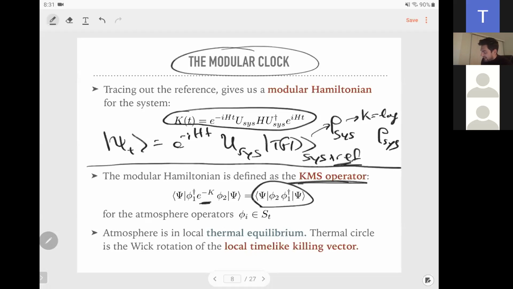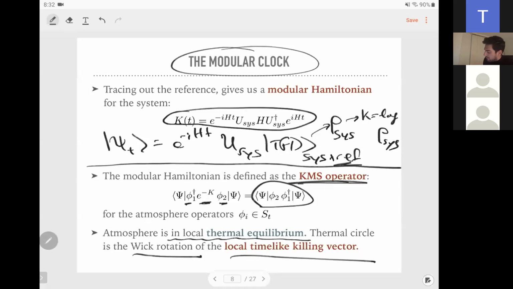And the point is that if I go very close to the black hole, if these phi's are in the atmosphere of my black hole, very near the horizon, then to some approximation, this atmosphere is in local thermal equilibrium. And the role of this thermal circle is played by the rotation of the Schwarzschild time, of the local time-like Killing vector.